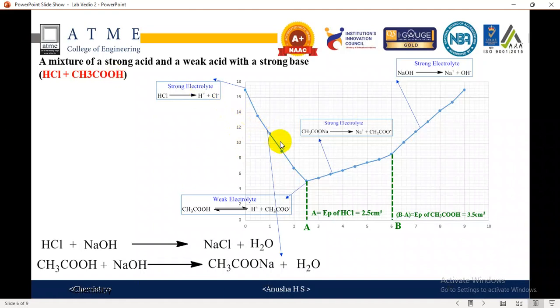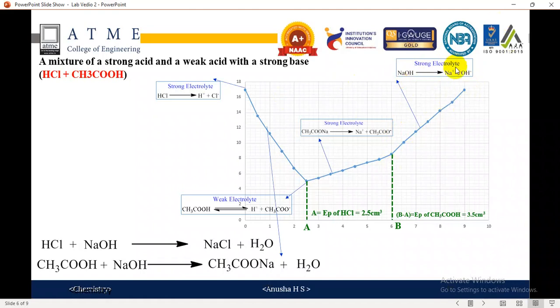We observe the decrease in the conductance as the H plus ions are neutralized. Then it gradually increases. At a certain point there is a second equivalence point, where the acetic acid is completely neutralized. After complete neutralization of the acid mixture, the conductance increases. We have to observe this in the graph.